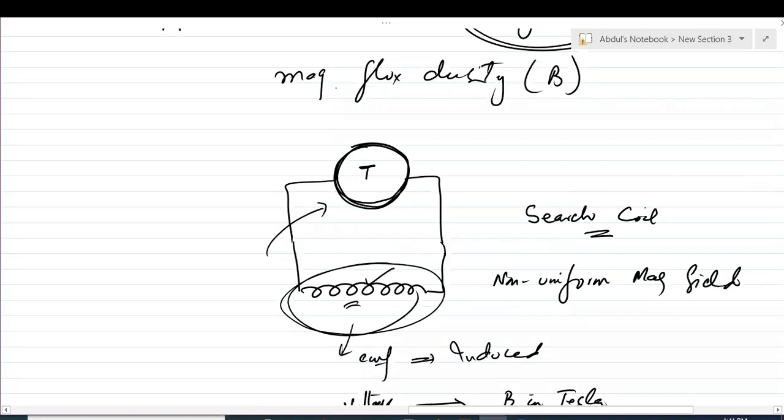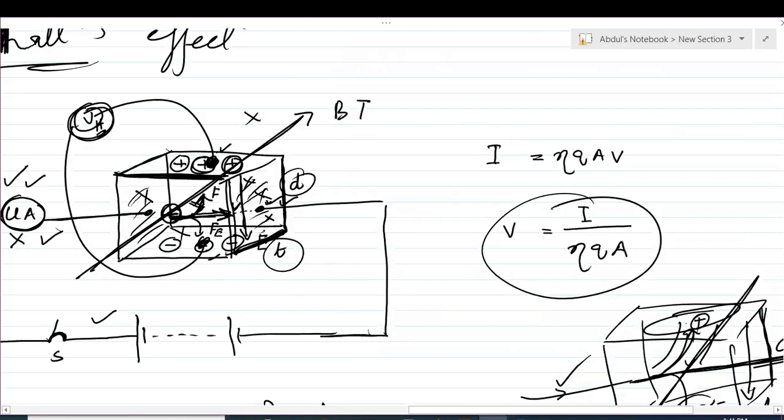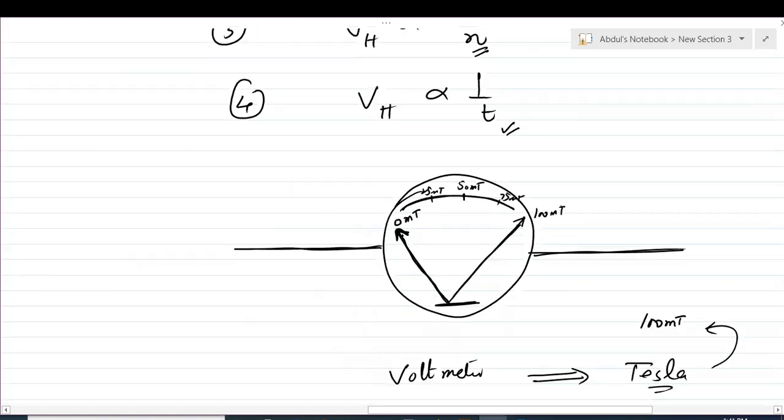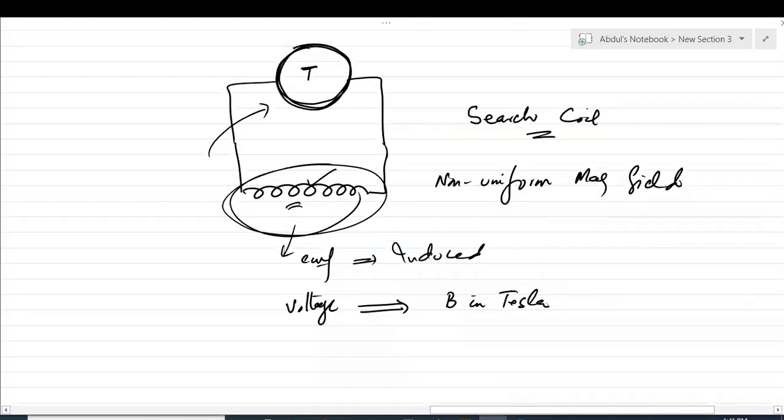So the Hall probe measures only uniform magnetic field, but when its calibrated voltmeter is connected with a coil, it is called the search coil, and it is used to measure non-uniform magnetic field on the principle of electromagnetic induction.